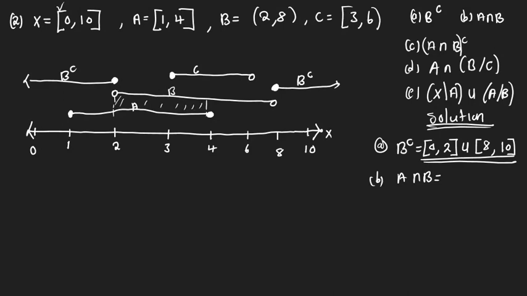So if you notice, 2 is part of set A, but there is an open circle in set B. Hence, 2 won't be part of the intersection. So you are going to put your 2 with these brackets, and then 4 is part of set A because there is a shaded circle, and it is also inside set B, so it is going to be included. Okay, that is the intersection.